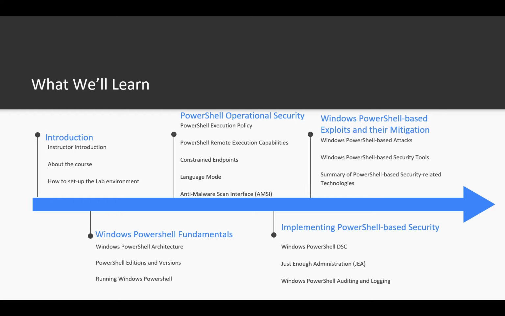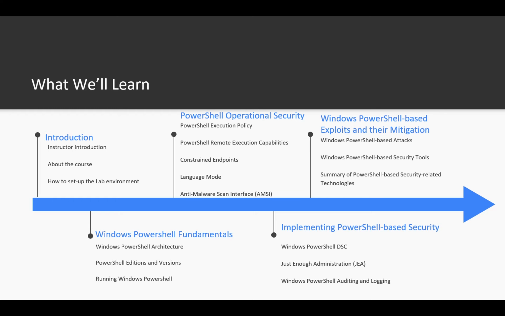Then in the fourth section, we'll discuss implementing PowerShell-based security. And here we'll talk about Windows PowerShell Desired State Configuration, about Just Enough Administration, and about Windows PowerShell auditing and logging. And in the last section of the course, we'll discuss PowerShell-based exploits and their mitigations.